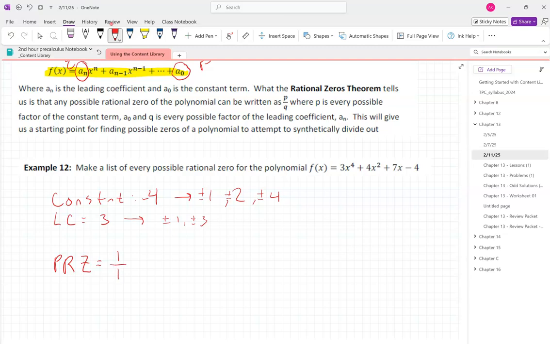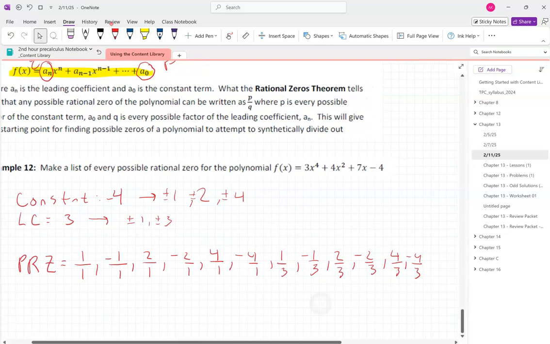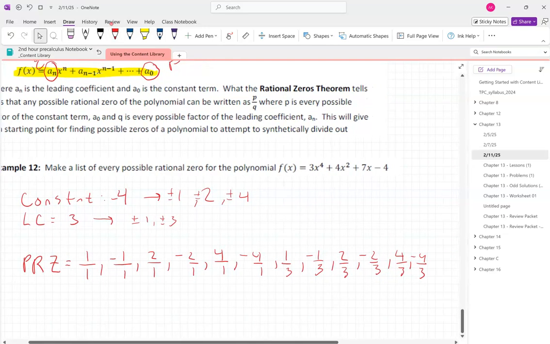So I'd have 1 over 1, negative 1 over 1, 2 over 1, negative 2 over 1, 4 over 1, negative 4 over 1. And then I'd have 1 over 3, negative 1 over 3, 2 over 3, negative 2 over 3, 4 over 3, negative 4 over 3. Does everybody see what I've done there?